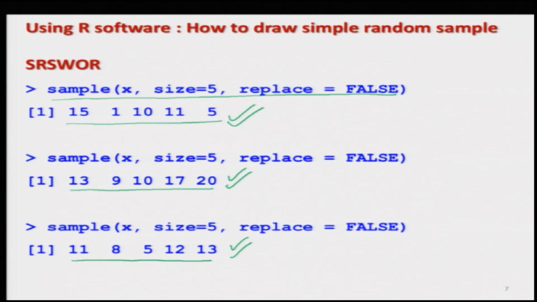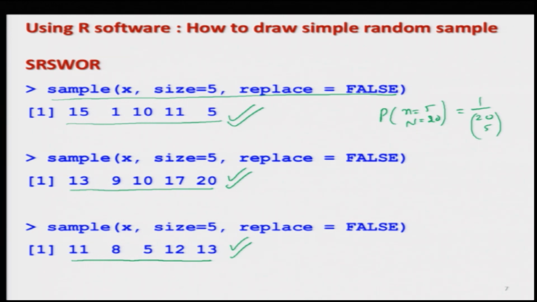Because the probability of selection of a sample of size 5 from the population of size 20 is 1 upon 20 C 5, which is a very small quantity. Usually the population size will be very large and the sample size reasonably large, so this probability is going to be very close to 0, and that is why we say that the probability of repetition of a sample is extremely small.